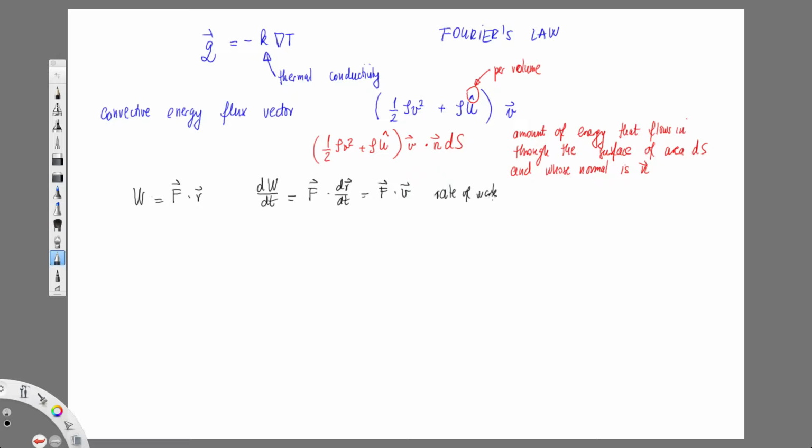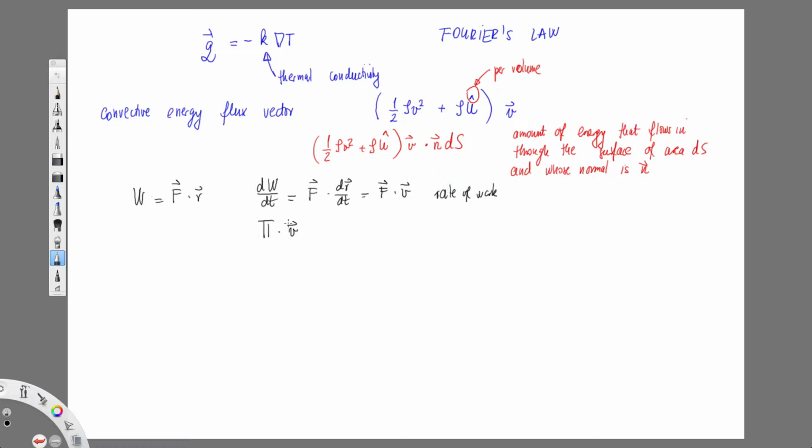So if I'm looking at the molecular forces, then I'm going to be looking at the tensor P dot V. And the result of this is a vector, we have to remind ourselves, and that's going to be the last piece of my energy flux vector.